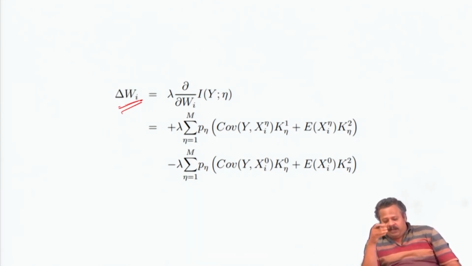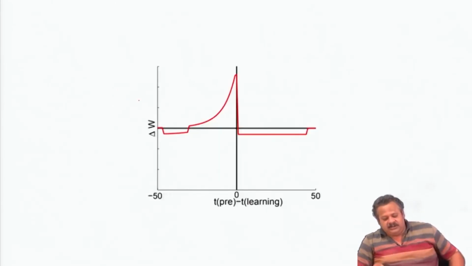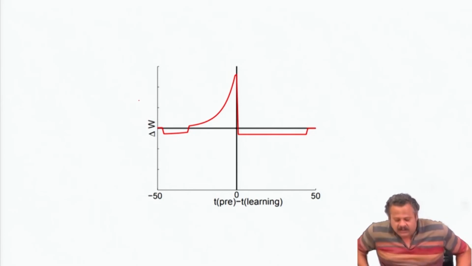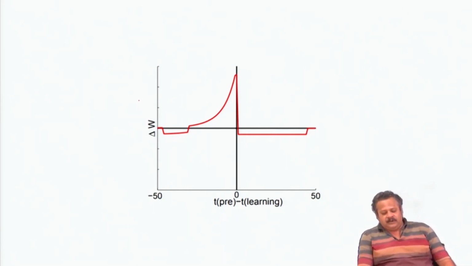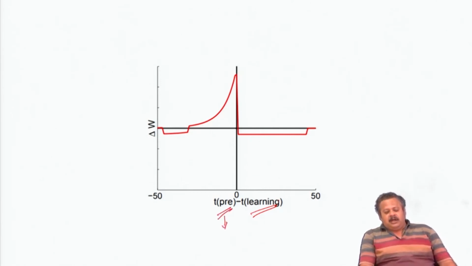And if we have a long enough time window over which this operation is happening, that is, we are updating the delta w or the w, then the overall average change in the weight is a function of the learning time and the presynaptic time. So this is the timing of an output, and this is the timing of the input or presynaptic spike. So it is drawn in the opposite way.